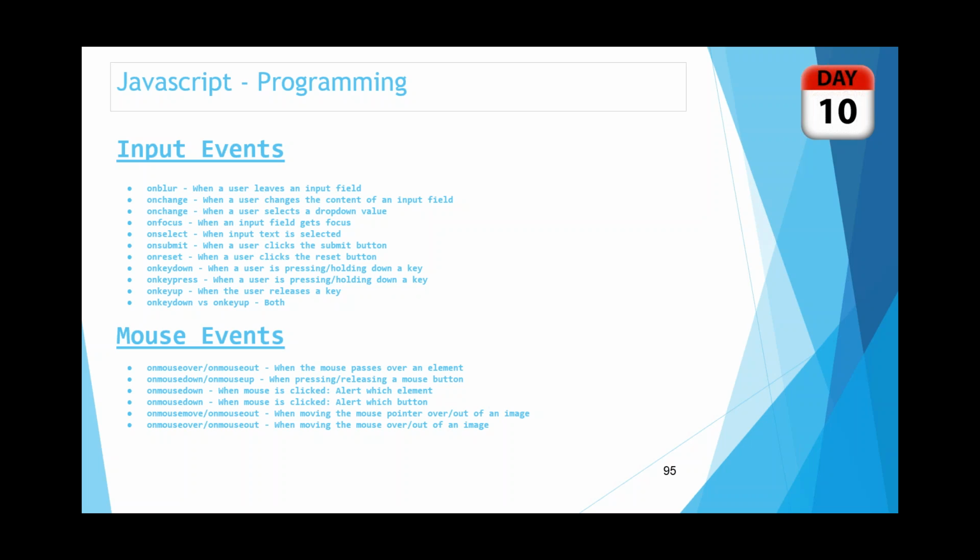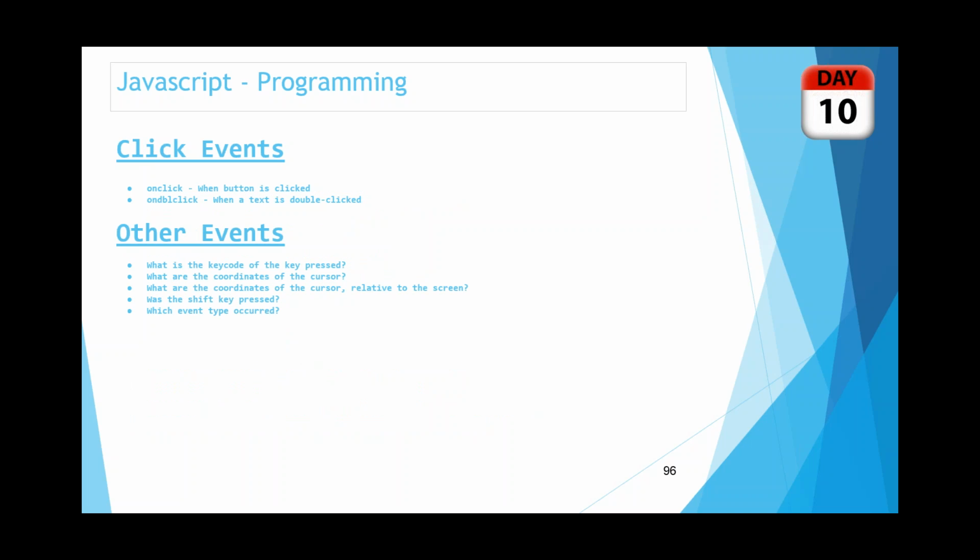On mouse down, if you click the mouse on a particular element, the very first time it goes down, that is the event. Mouse move means you are just moving your cursor on that particular element. On mouse over or on mouse out is when moving the mouse over or out of an image.